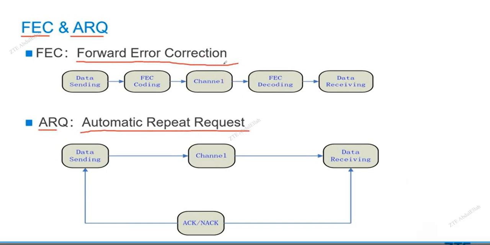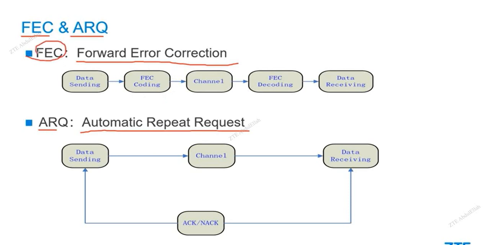So what is forward error correction? If you send data to me, first I will do FEC coding. FEC coding means this technology can correct some errors. I try to correct errors, and after decoding, you can receive the data, right?